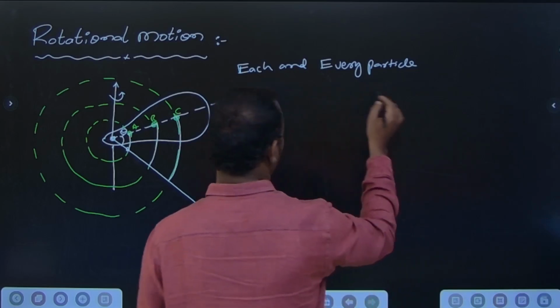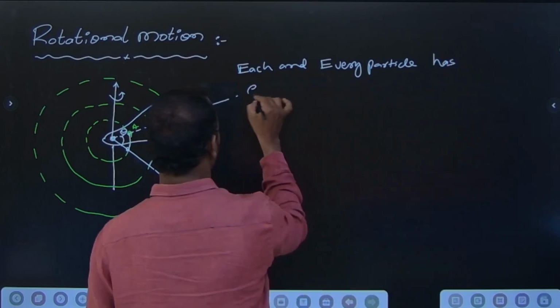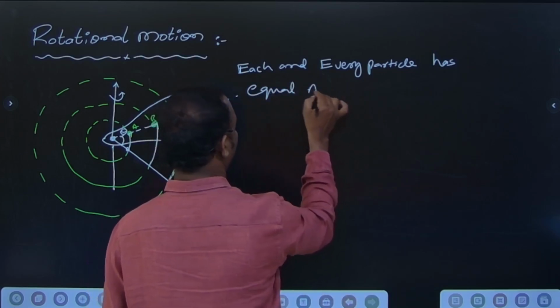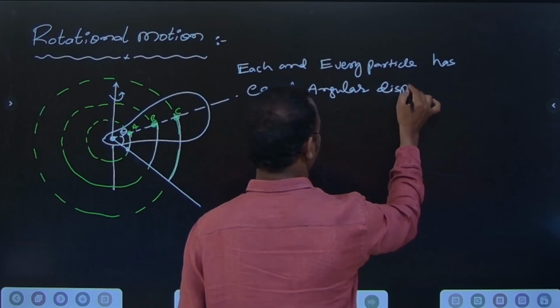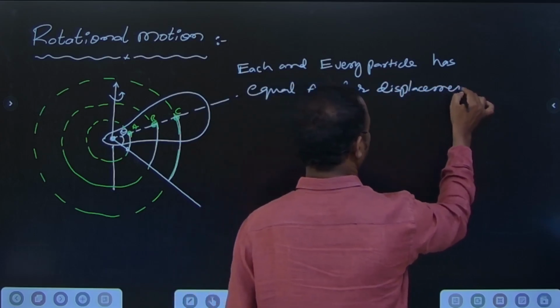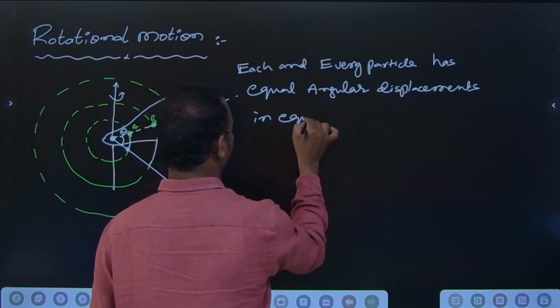So each and every particle has equal angular displacements in equal intervals of time.